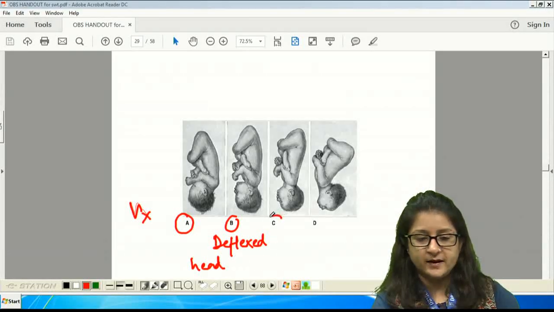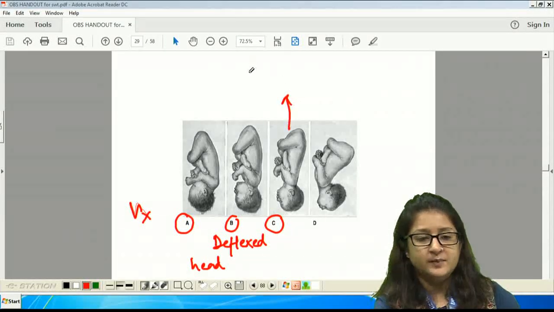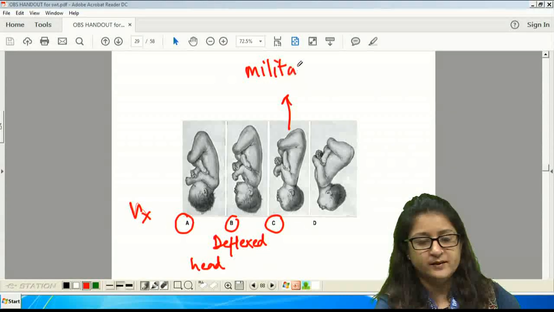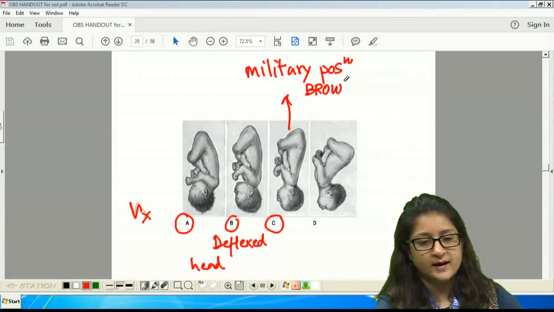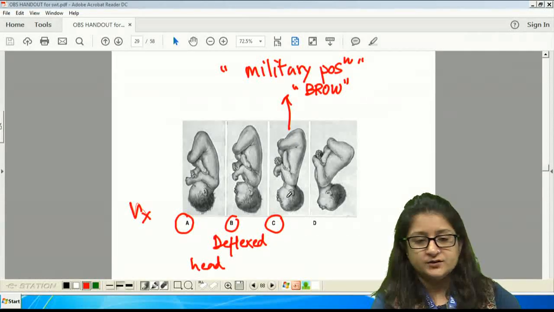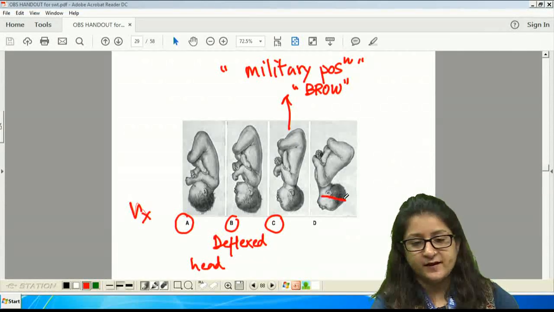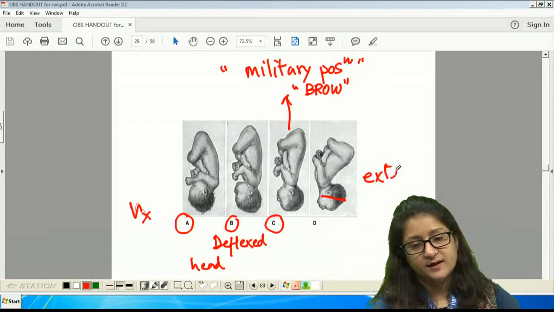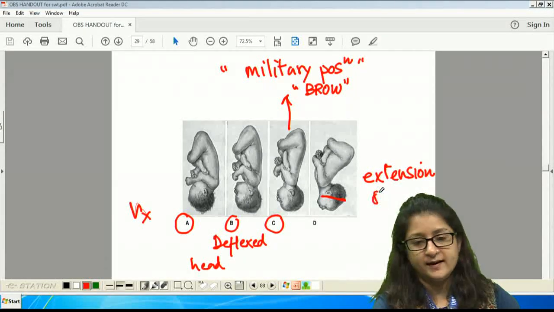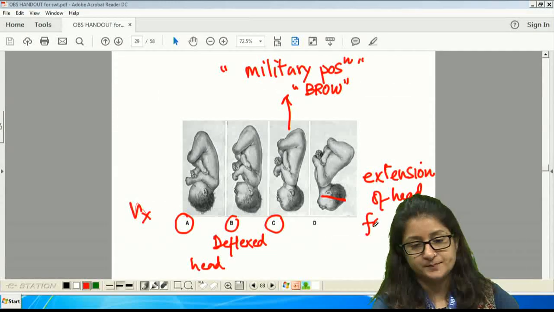This here is sometimes asked, this is called the military position. Sometimes the brow presentation is also called the military position. So this is the brow and this is the face. There is extreme extension of the head, and this is the face presentation.